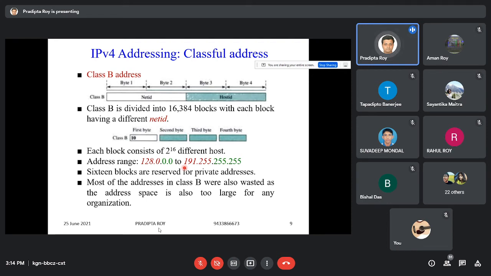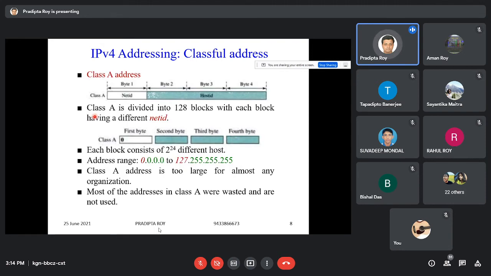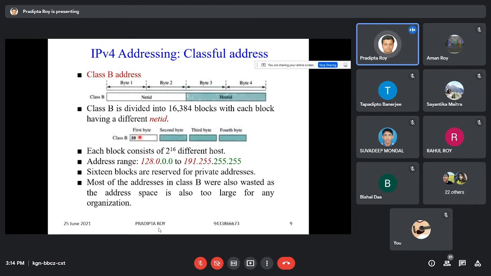So before going to class C address, I will discuss how the range of class B address is defined. Look, from this you can see the first 2 bits of class B address should be 10, that is fixed. So now tell me, what should be the lowest value of class B address? The first 2 bits are 10, that is fixed.